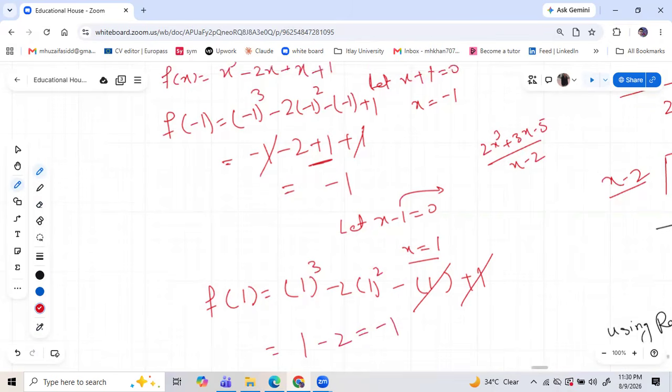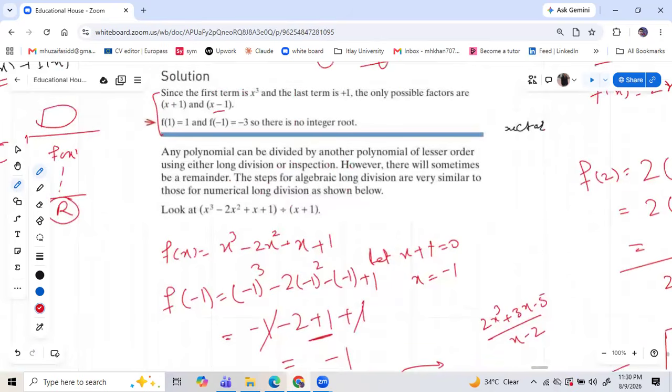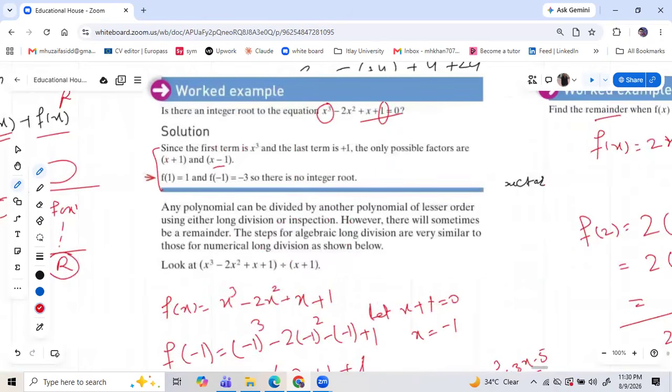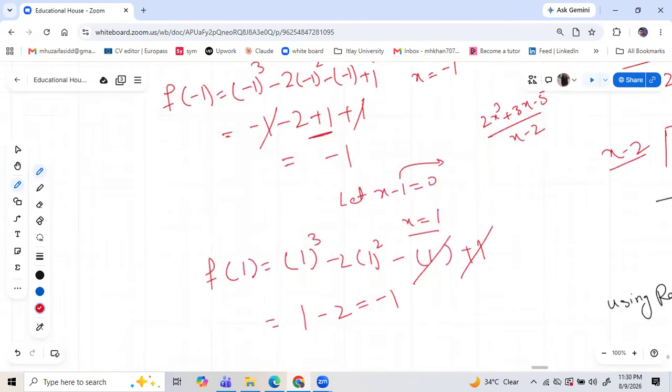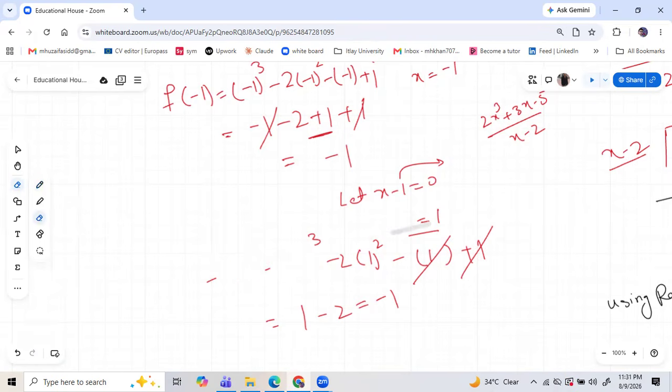But I'm feeling we are making some mistake. Let me check: when we set x equals minus 1, the answer is minus 3, not this one. There is a calculation error.